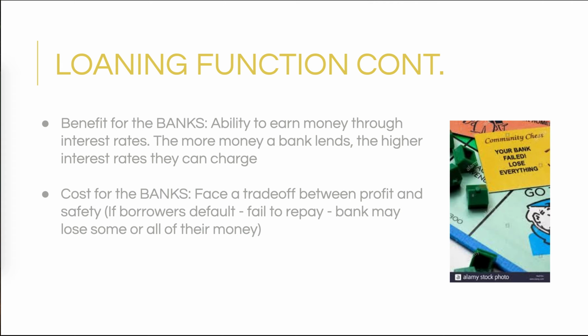But their opportunity cost might be safety. Okay, so if borrowers are going to default or they're not going to repay, then the bank might lose some of their money or all of their money and go under. Okay, so they have to face a trade-off decision between profit and safety when they are looking at their loaning function.